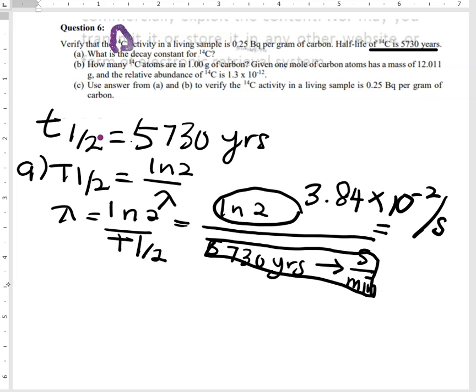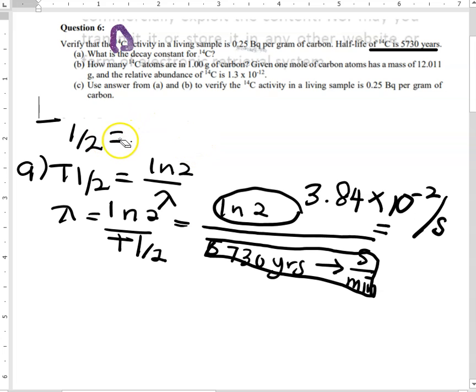Now we continue with question B, where you were asked to find how many carbon-14 atoms are in 1 gram of carbon. You are given the mass per mole, 12.011 grams, and the relative abundance is 1.3 times 10 to the power of -12. If you are familiar with chemistry questions about finding the number of atoms, I think you have no problem with this part.